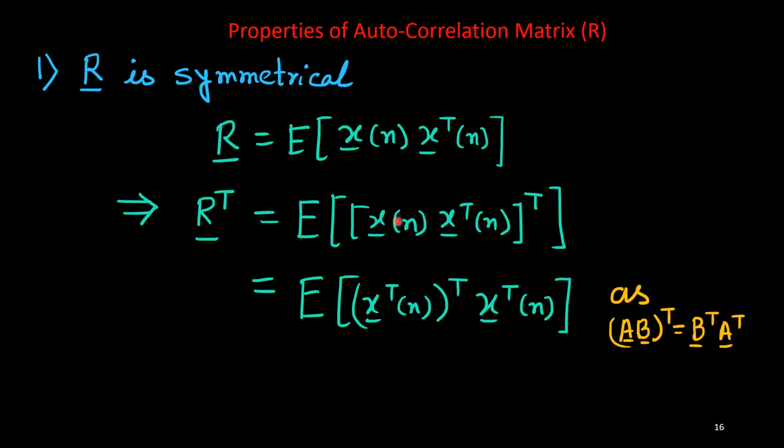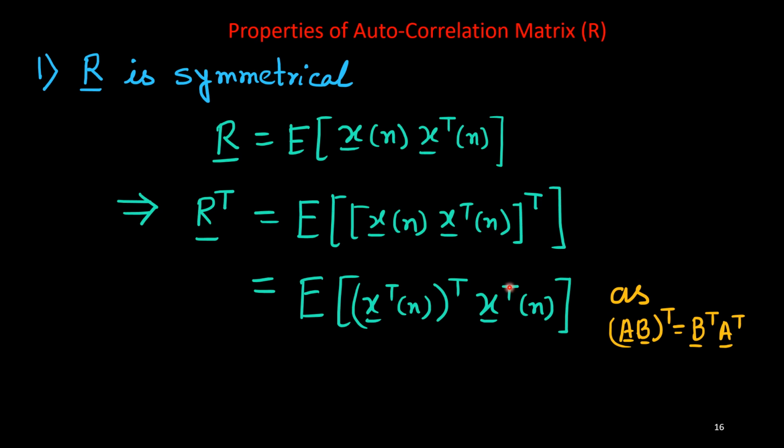So this is A, this is B, suppose. The whole transpose of AB we can write as B transpose first, that is, x transpose n transposed, and then A transpose, that is, x n transposed. So this B becomes B transpose, and this A becomes A transpose.